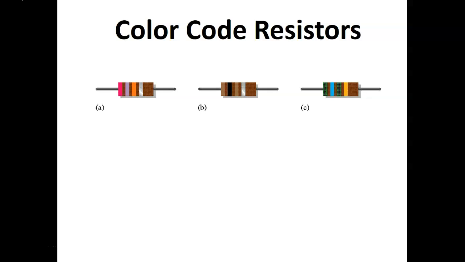If you remember, the first 2 numbers are going to be digits. The third will be a multiplier. And the last is your tolerance.